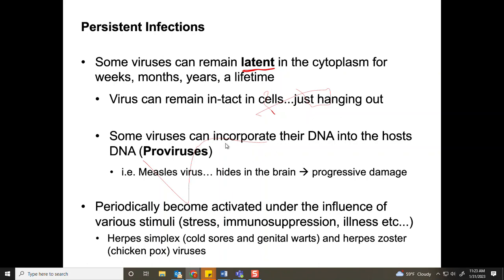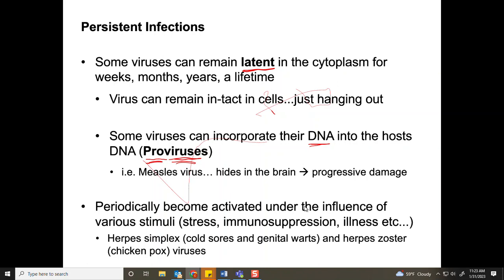Some viruses can incorporate their DNA into host cells to form what we call proviruses. Know that term. For example, the measles virus, it hides, quote unquote, it goes latent in the brain. But it can cause progressive damage over time.